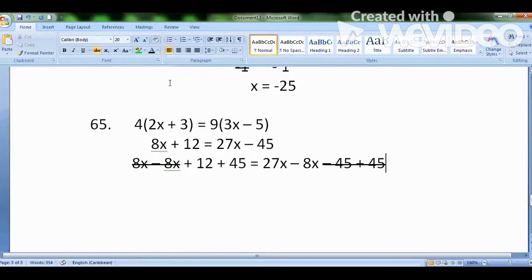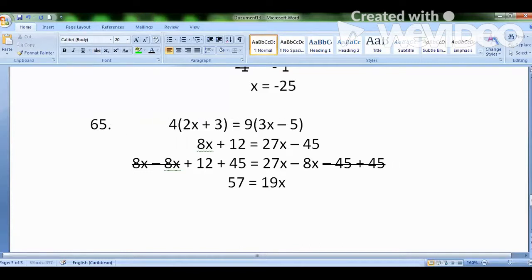So now I have 57 equal 19x. To get the x, I divided everything by 19. So what is x equal to? 3. You did so well. I have the 3.